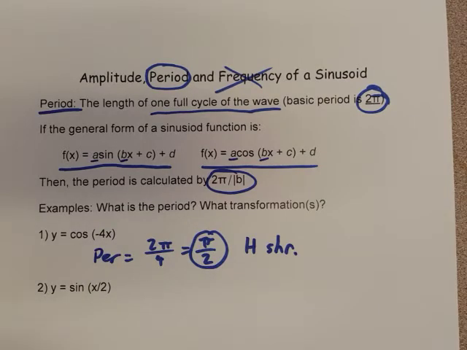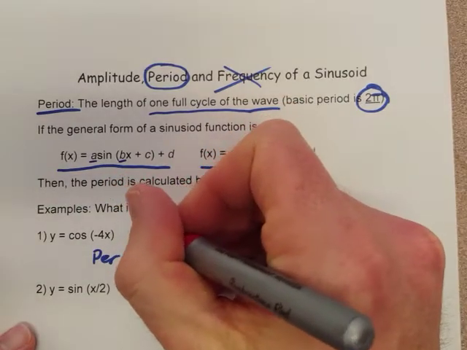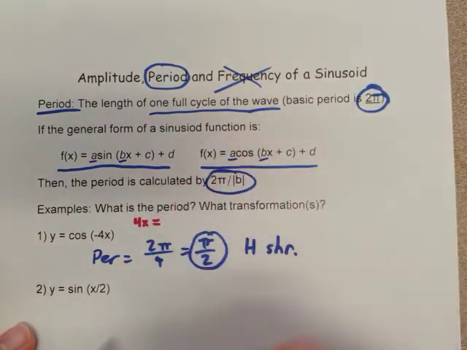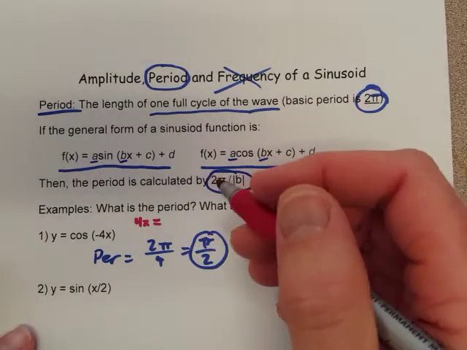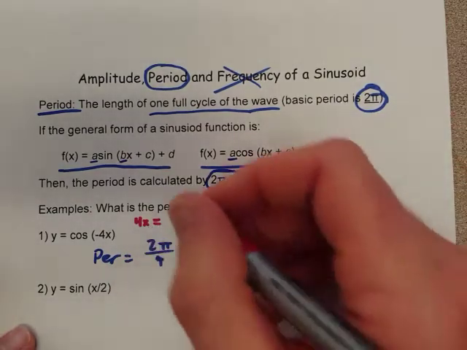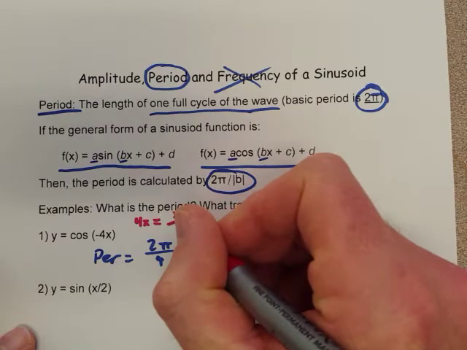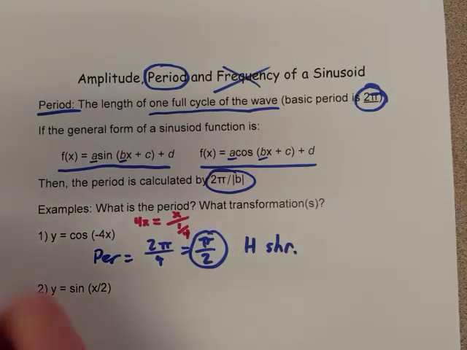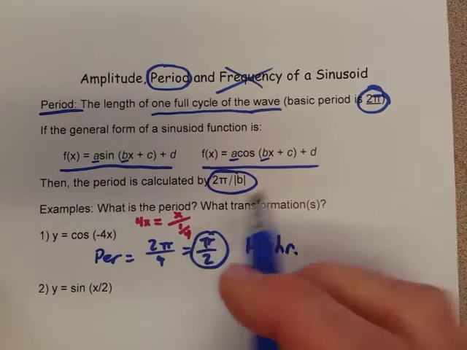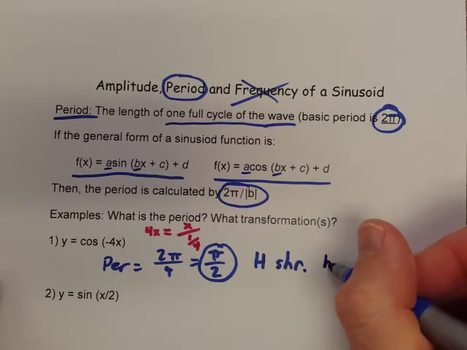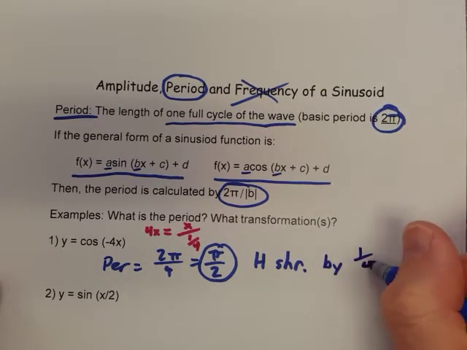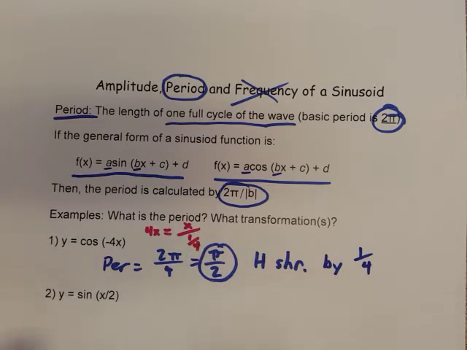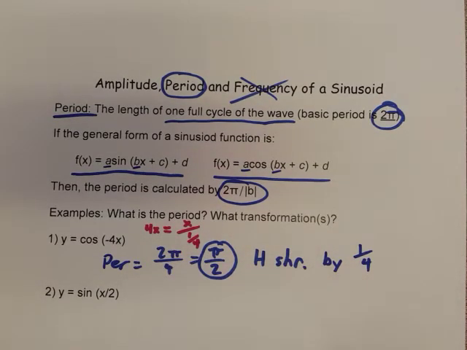Remembering back to when we were talking about horizontal stretch and shrink for the first time, if we're talking horizontal shrink or stretch, it's always going to be written in terms of division. So 4x is the same thing as x divided by 1/4. We have to have it set up in that format in order to really comment on the horizontal shrink or stretch. And so in this case, that'll mean that it's horizontal shrink by a factor of 1/4. The factor is always the number that's dividing here.